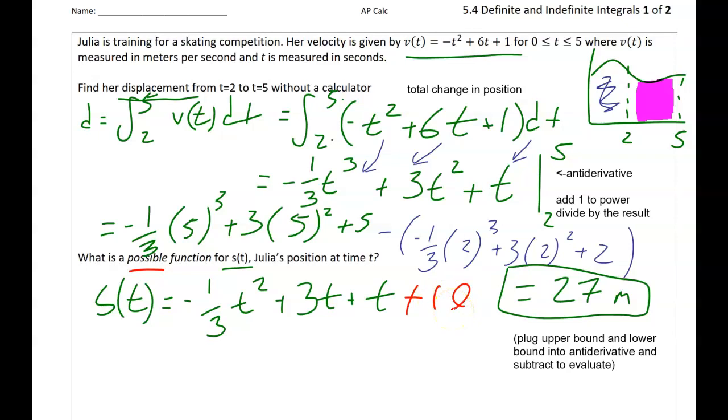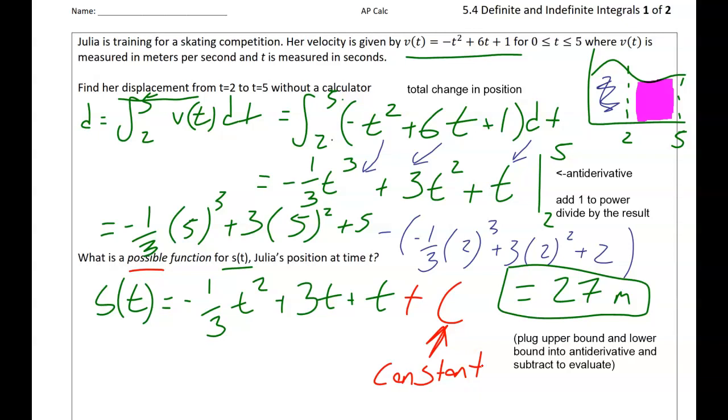Still a possible function. So there's an infinite number of possible answers here. And the way I represent this is I'm going to say plus c here. So plus c, c stands for constant. It's any plain old number I could add here, and it would still be an antiderivative of v, right?